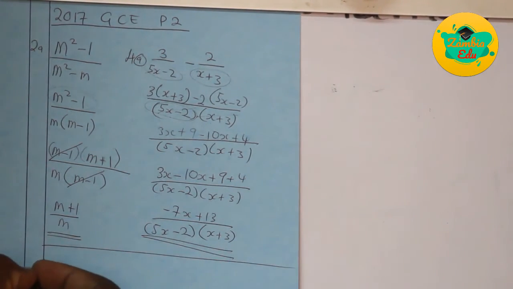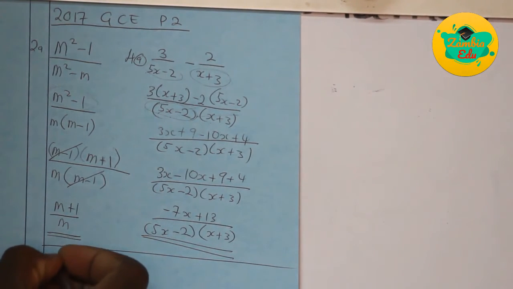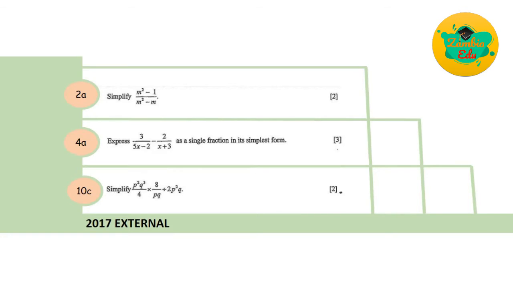We're now looking at question 10C, and the question is p squared q cubic over 4 times 8 over pq divided by 2p squared q.